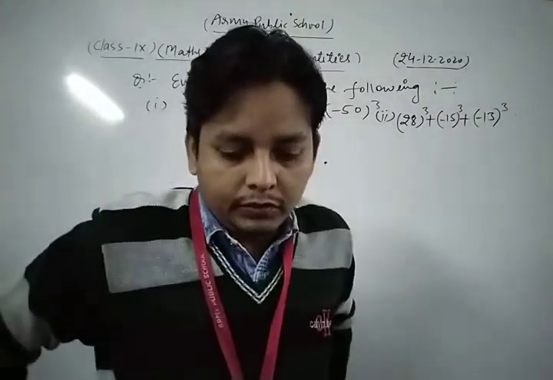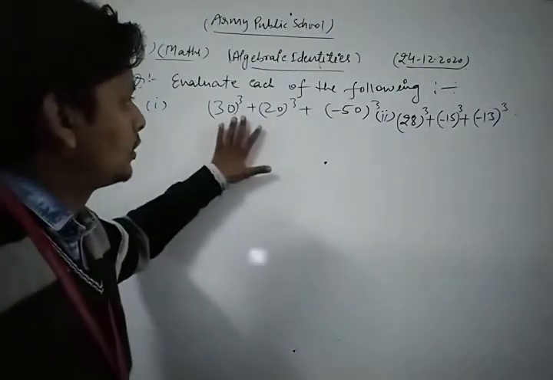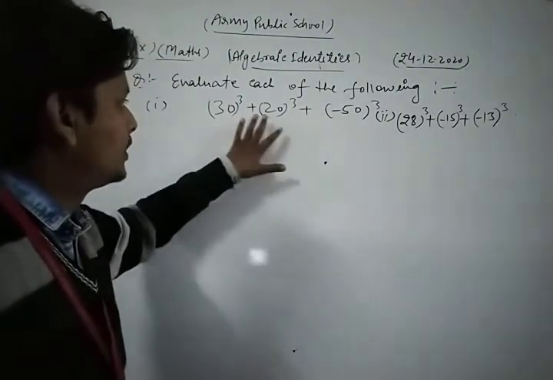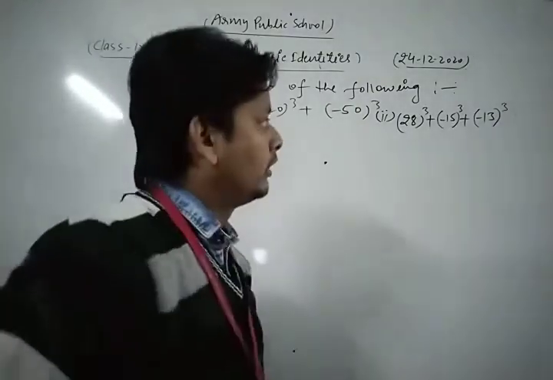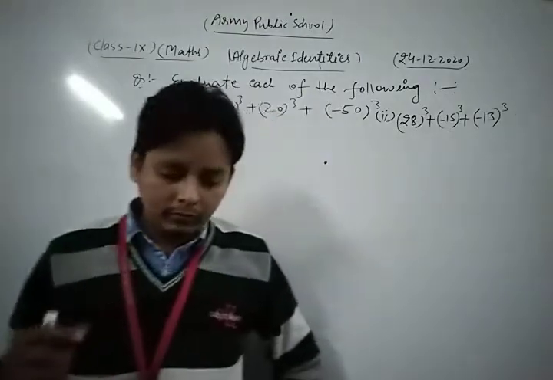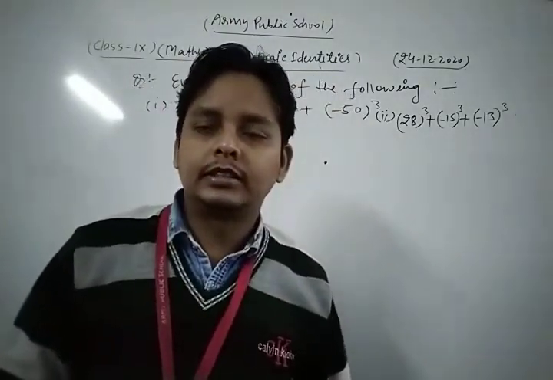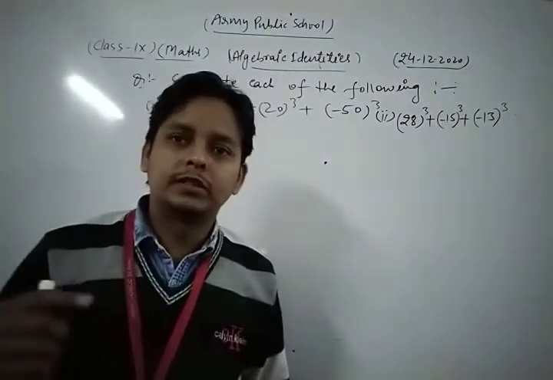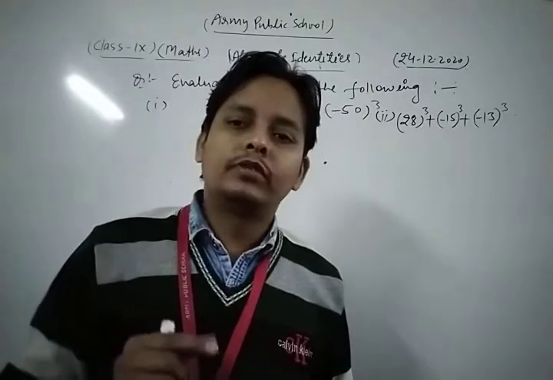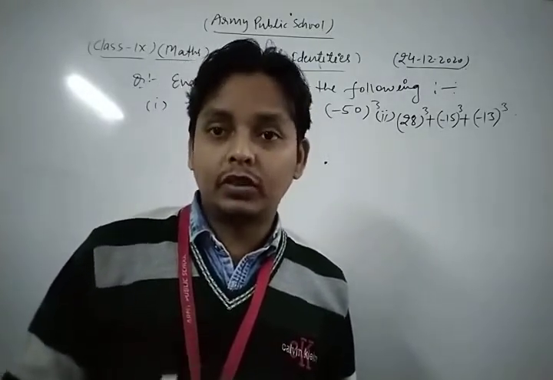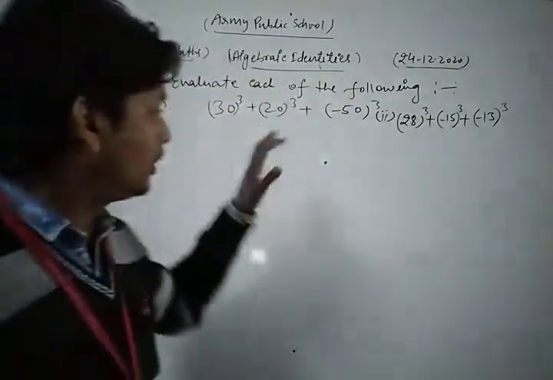Which is very important for you and your upcoming examination. Dear student, first of all, we observe the questions. We write 30 cube plus 20 cube plus minus 50 cube. We evaluate each of the following values. Dear student, first of all, you know the very important algebraic identity: if a plus b plus c is equal to 0, then a cube plus b cube plus c cube is equal to 3abc. So first of all we take the values of a, b and c.